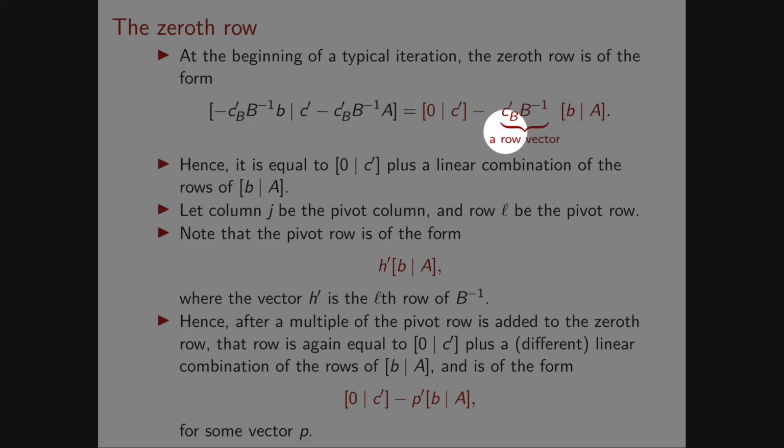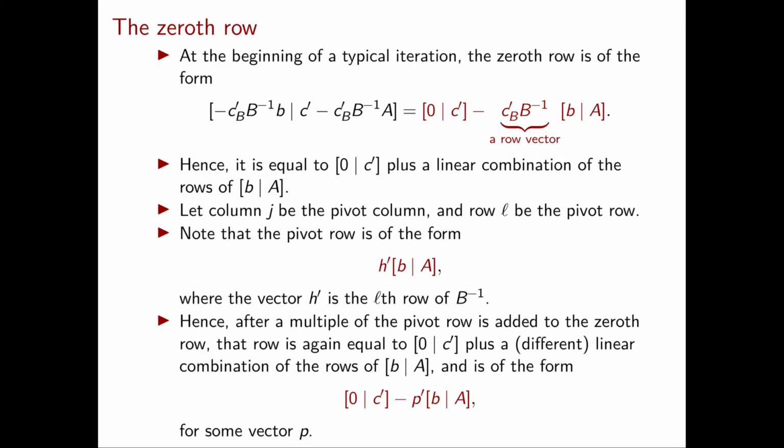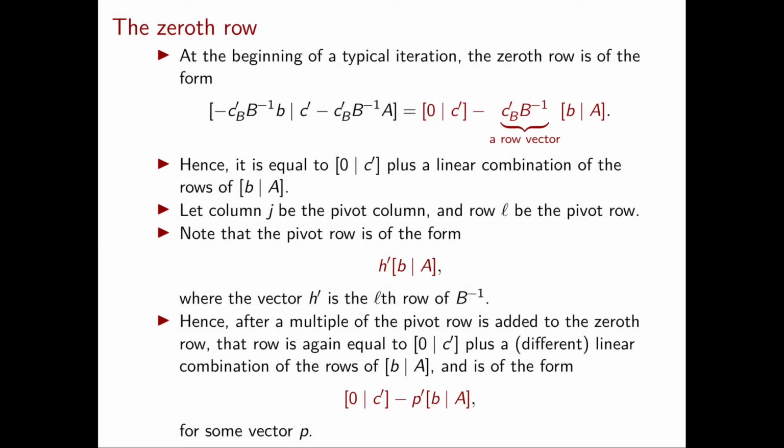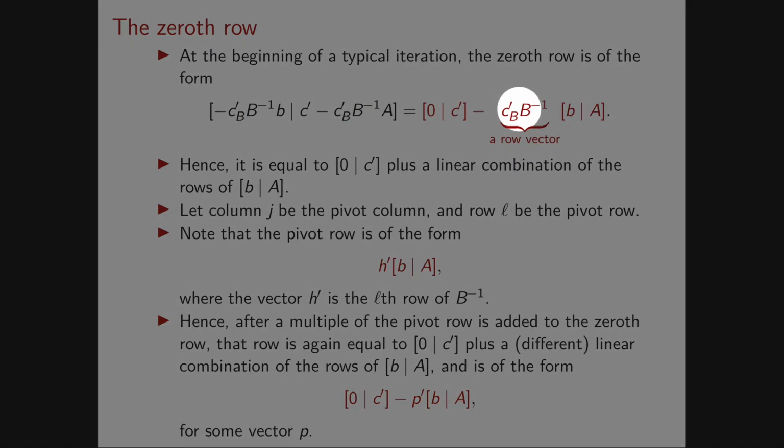What is important is that this is just a row vector. So in particular, I can say that the 0th row is equal to 0 C transpose plus a linear combination of the rows of [b A].